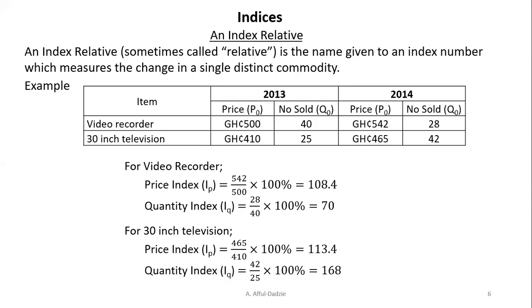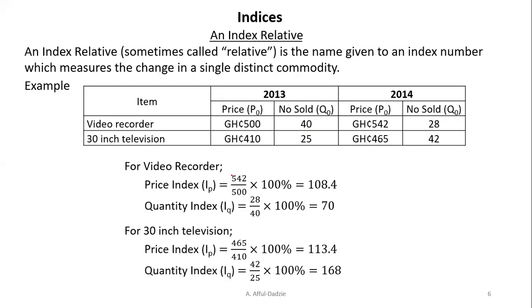So if I have, say, a video recorder and a television set, and this is the price, this is the quantity sold, this is a year, this is another year. Now, suppose that we take 2013 as the base year, then this will now become the new period. So this will now become QN. But if this is the base year, then this becomes P0, and this will be here.